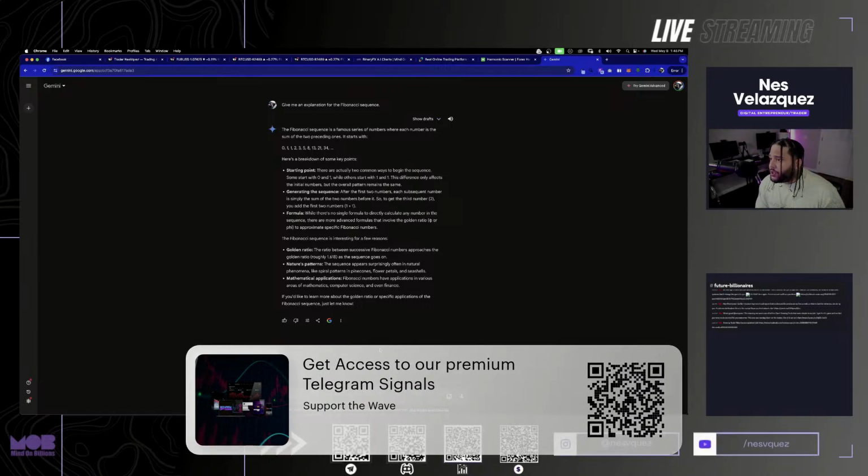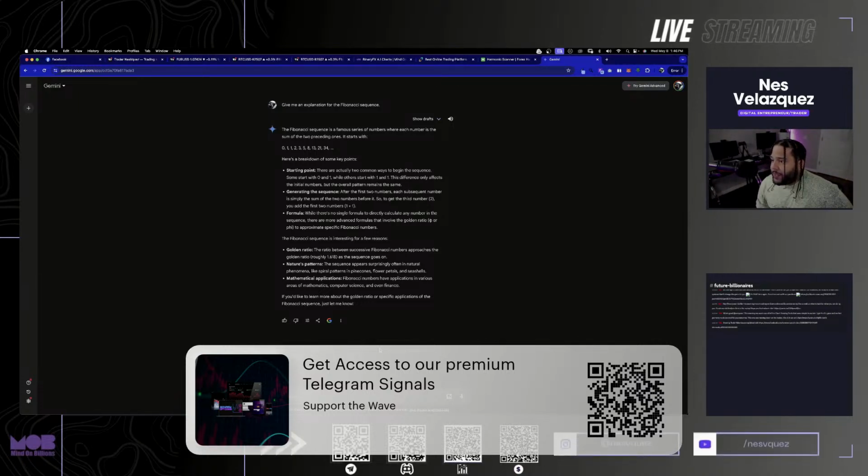Formula. While there's no single formula to directly calculate any number in the sequence, there are more advanced formulas that involve the golden ratio, to approximate specific Fibonacci numbers. Okay, you can see the symbol right here for the golden ratio. The Fibonacci sequence is interesting for a few reasons, okay? The golden ratio, all right, remember we talked about 618 multiple times.